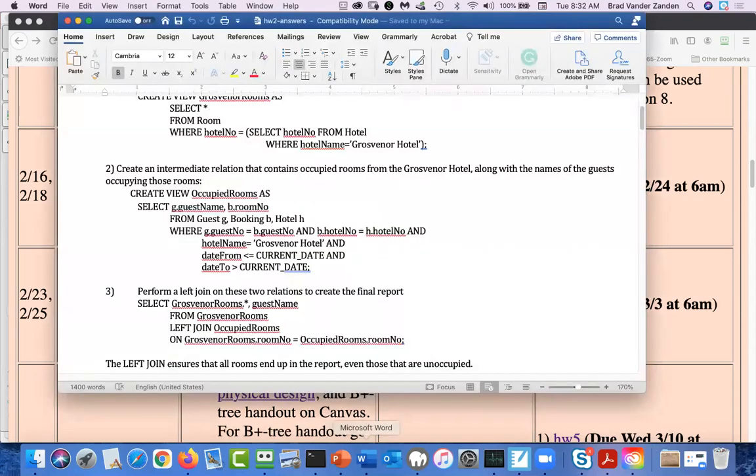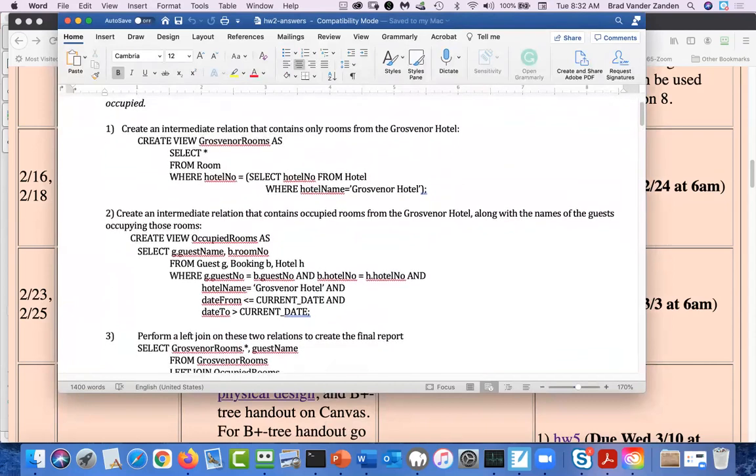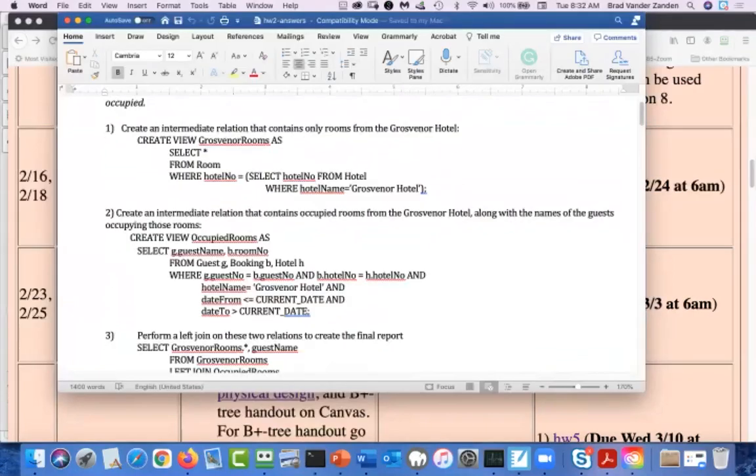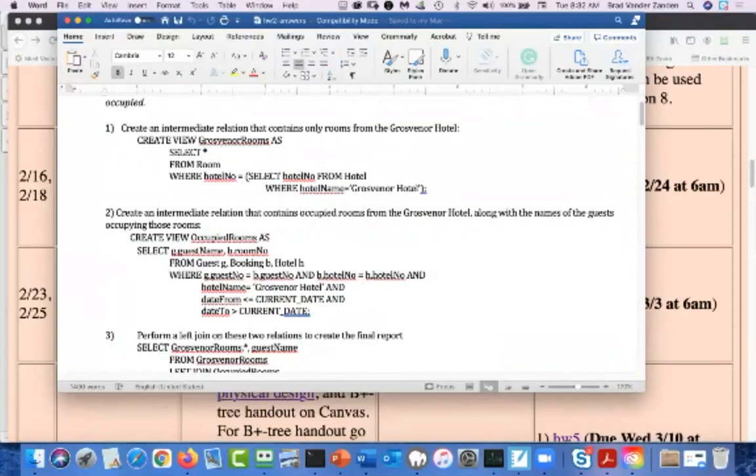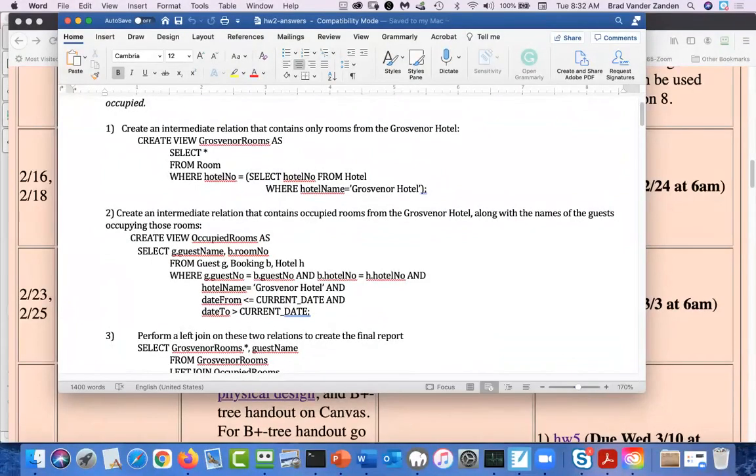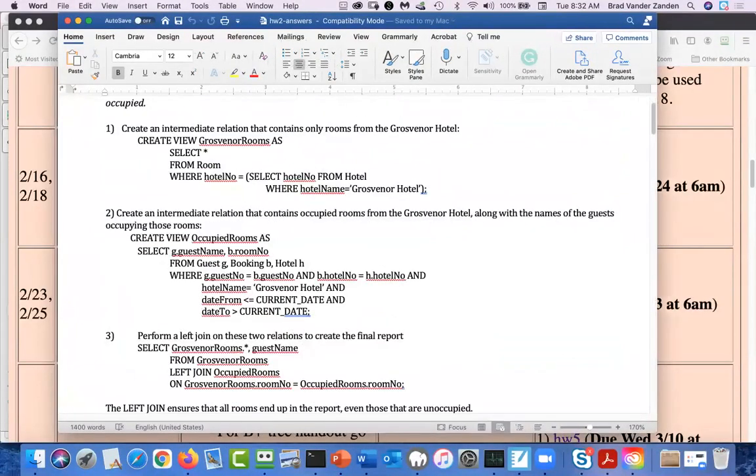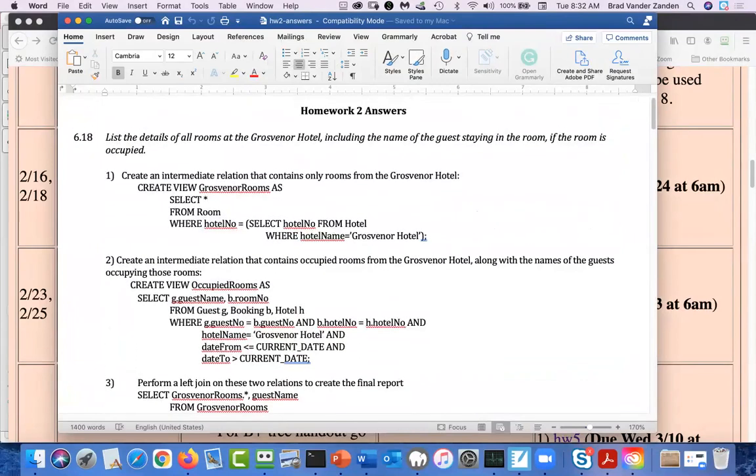First of all was the answers to one of the questions on homework 2. On the first question on homework 2, you were asked to list the details of all rooms at the Grosvenor Hotel, including the name of the guest staying in the room if the room is occupied.